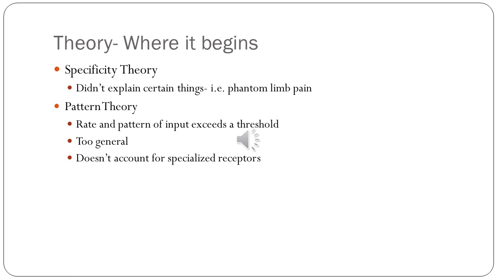And it's actually a very difficult thing to treat, but that was one of the things that couldn't really be explained through this specificity theory. So in other words, we found that there isn't a direct connection, that there aren't these specific receptors that we once thought we had.